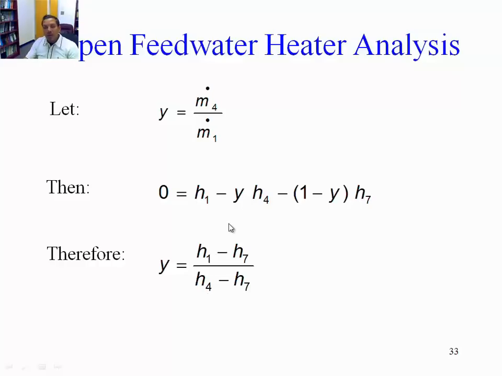If we know the temperature and pressure at the outlet of the pump, and at the outlet of the open feed water heater, we know the pressure, and we know that it's saturated liquid, so this is perfectly defined. And we know the enthalpy of the water that comes out of the intermediate exit of the turbine, or the extract of the turbine. Then we will know what is the proportion of water that went through the open feed water heater that we extracted out of the turbine.